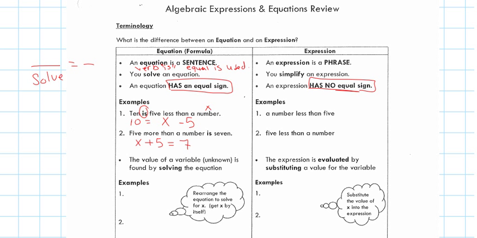So look at this one. If you have "a number less than 5", in this case it's 5 minus x, and the number comes first. That "less" is the most confusing part. We don't do a lot of this in grade 11, thank God.